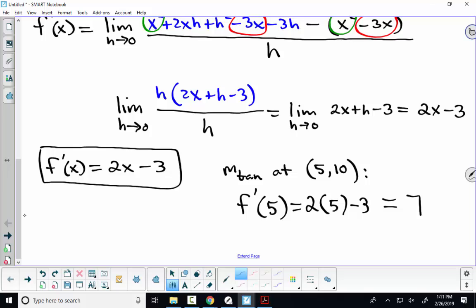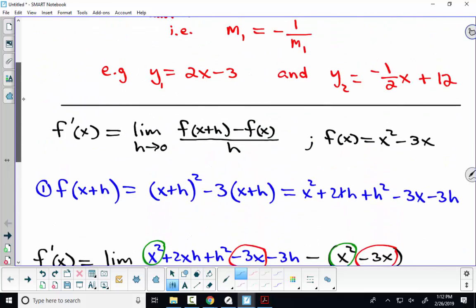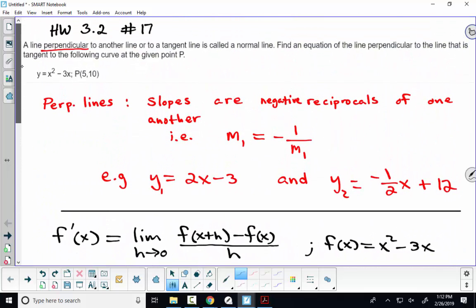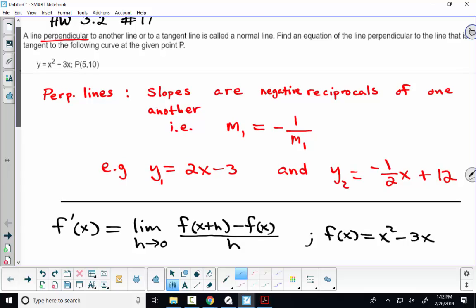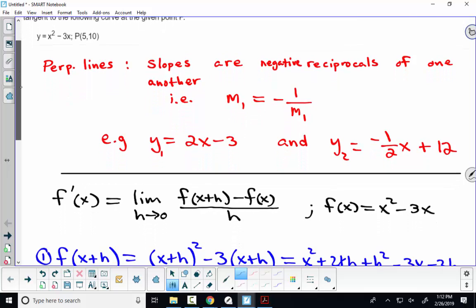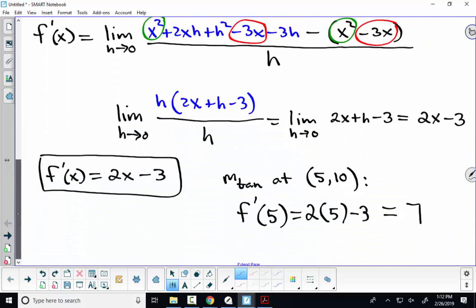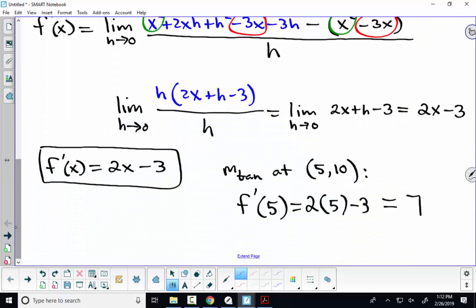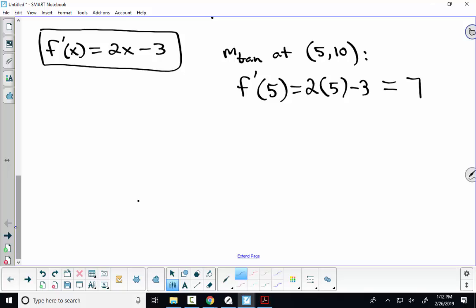Well, we're given the point on the tangent line. We can now construct that. And then the instructions, I believe, just want us to find a line perpendicular to the tangent line. It doesn't specify which perpendicular line.